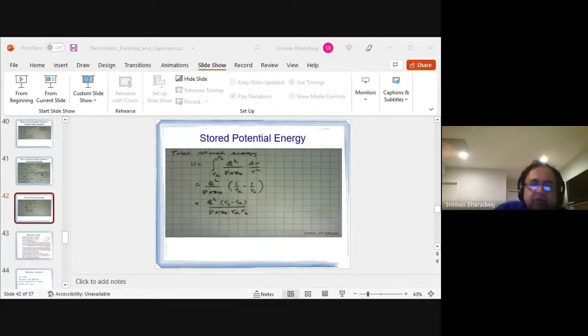So C1 and C2 are equal, each 9 times C. So instead of 1C, you now have 9C and 9C in series.